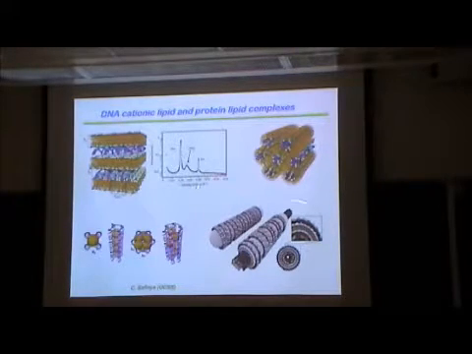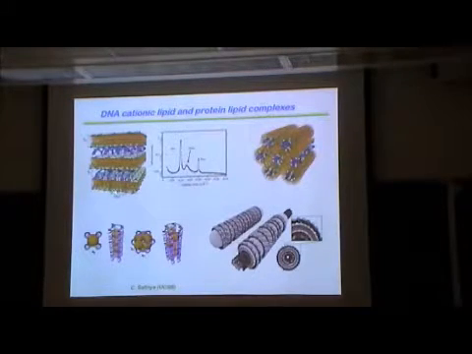Now, a really interesting scenario is one that Cyrus Safinya has discovered and developed, looking at the structure of complexes of DNA with lipids. This was a field that had a lot of notions, but not too much quantitative data, even into the mid-90s.